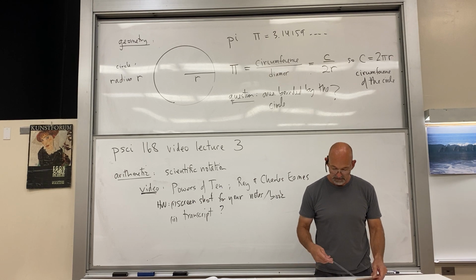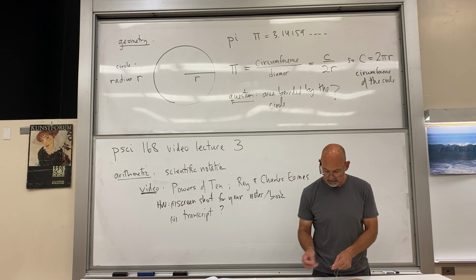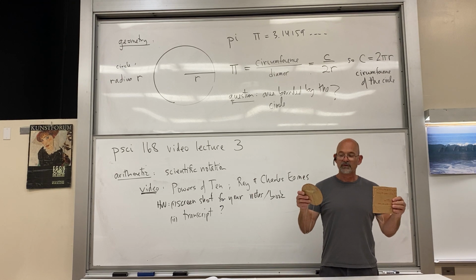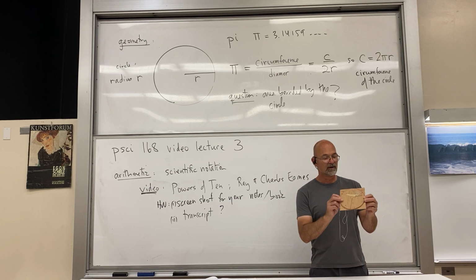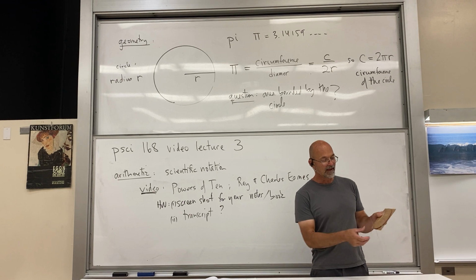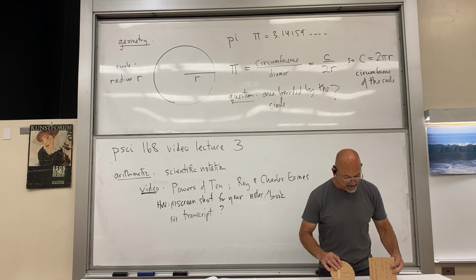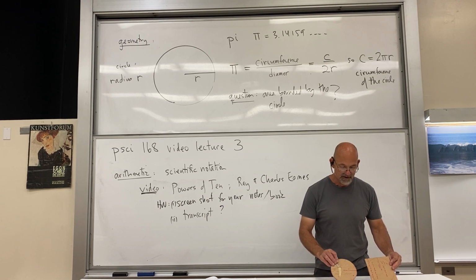Square and circle. I'll use that. Good. Square and circle. And in fact, I've made these so that the circle fits right into the square there. That means the square has a side of 2 times r. Okay, 2 radii is the side of the square.